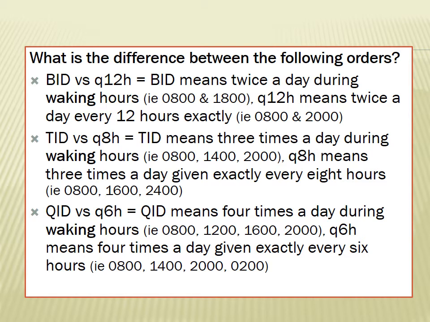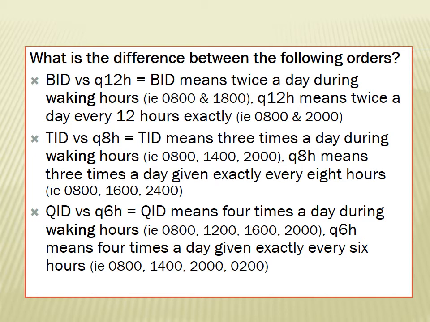TID versus Q8H, how do these terms differ? Well, again, TID means 3 times a day during the patient's waking hours. So, for example, a medication ordered TID would be likely given at 8 o'clock in the morning, again at 1400 hours, in other words 2 o'clock in the afternoon, and then again at 8 o'clock at night.